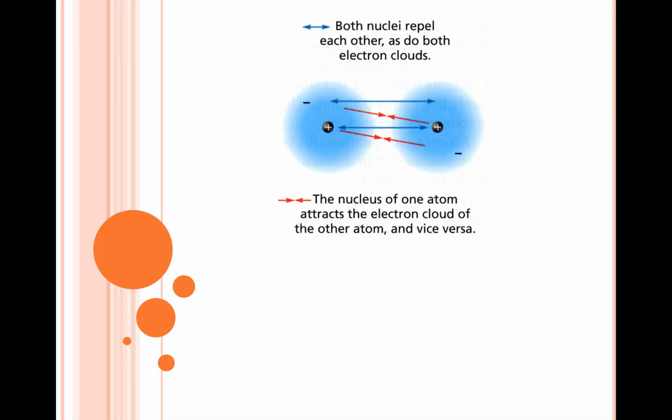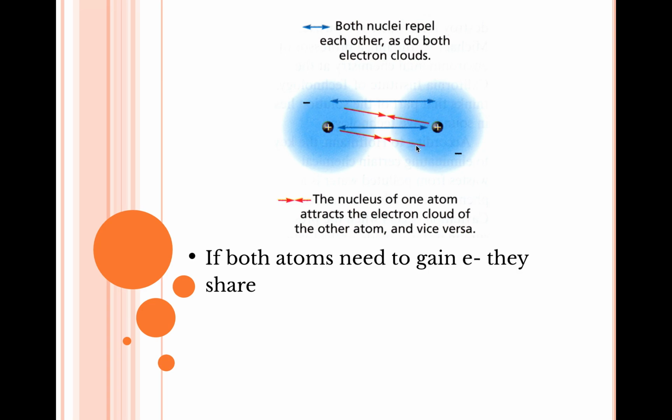So, this is showing both nuclei, in other words, the centers. Two positives are going to do what like charges do and repel, or push each other apart. However, the outside, the blue part here, the electron cloud part of an atom, is negative. So that's going to be attracted to the other atom because negatives attract positives.